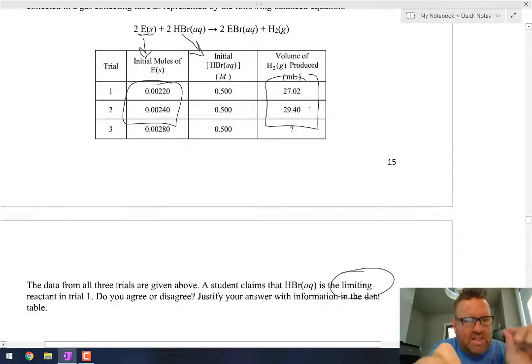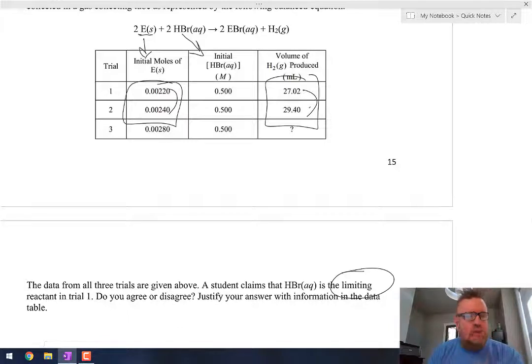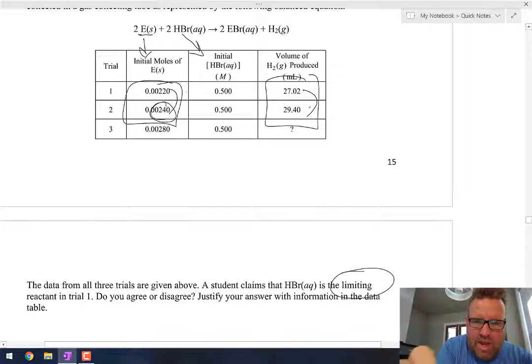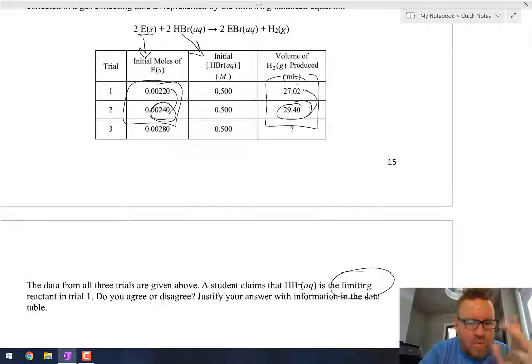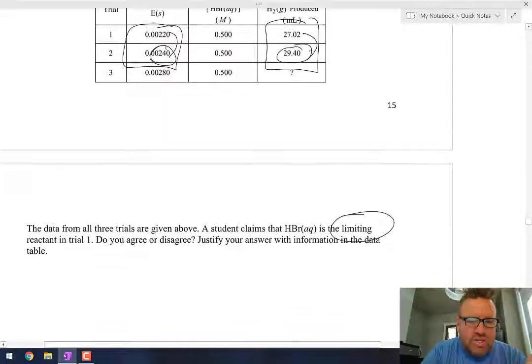That's telling you that when the moles of E run out, the reaction stops. Because when you had a little bit more E, you got a little bit more volume. That shows you that as the reaction proceeds, when E runs out, the reaction is going to stop.